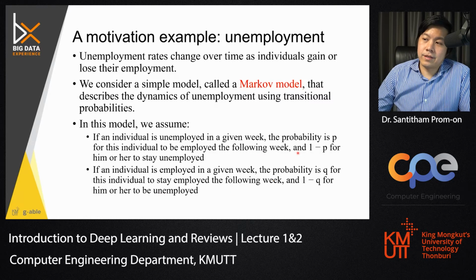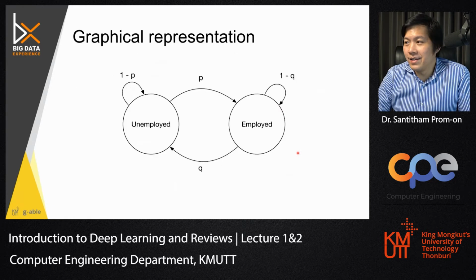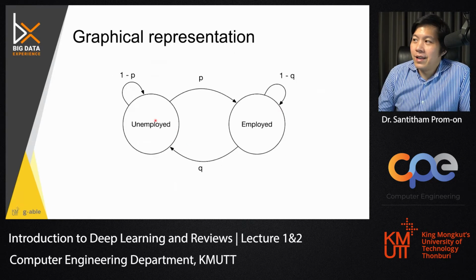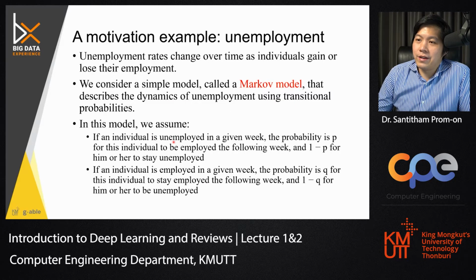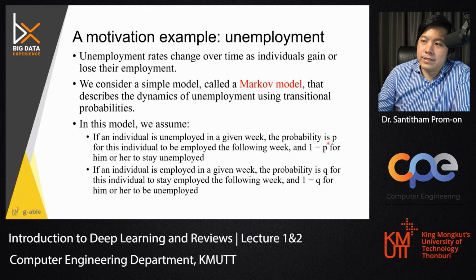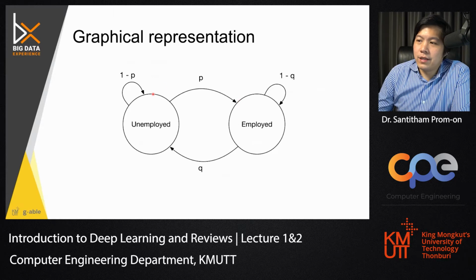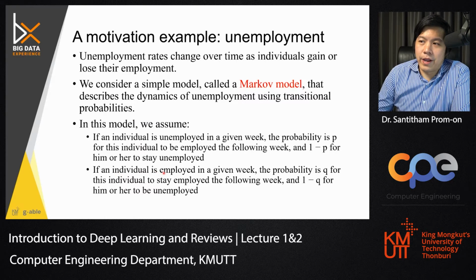Hopefully I'm not confusing you now. Let's see if the variables are correct here. If we are still unemployed, then the probability is P to be employed and 1 minus P to remain unemployed. Okay, this is correct.